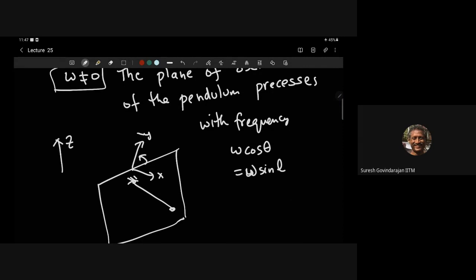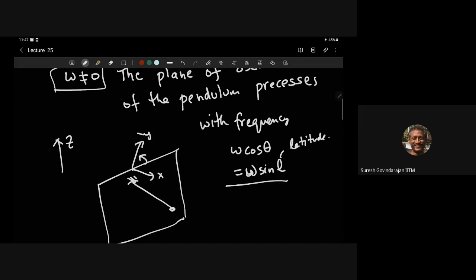So what is going to happen? You can see that this is small. We saw what omega was: some 10 power minus 5, minus 6, some small number like that. So it will change by a very small angle in a given day. But you can actually see it precess. And L is latitude.